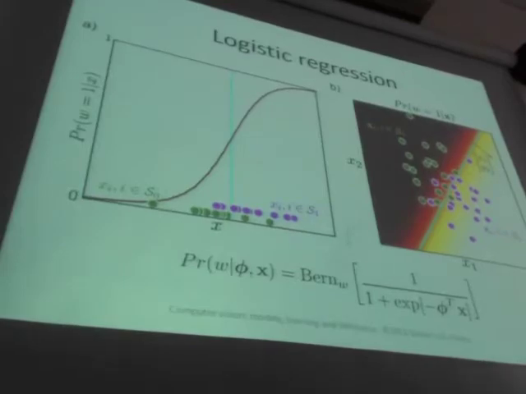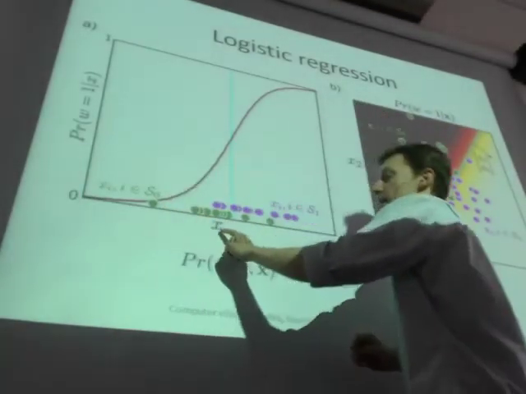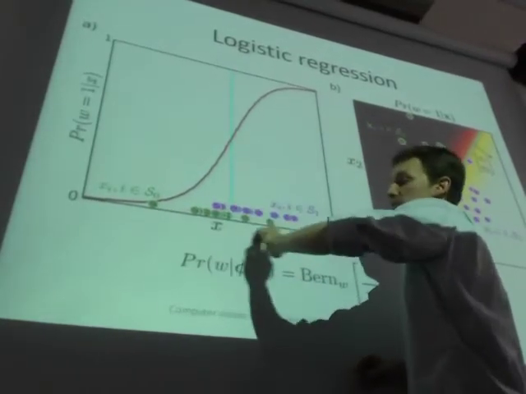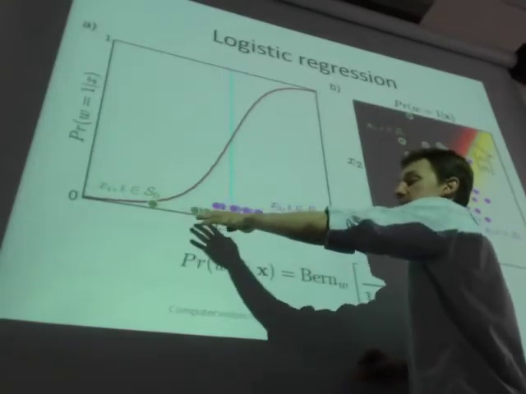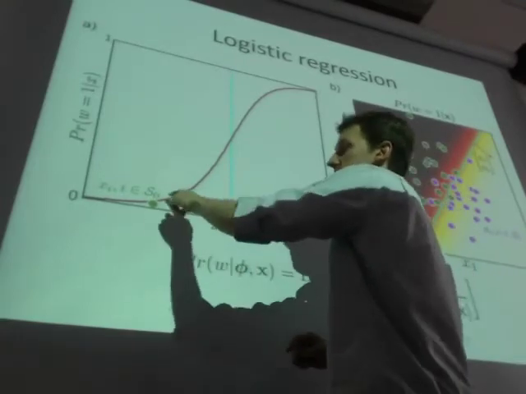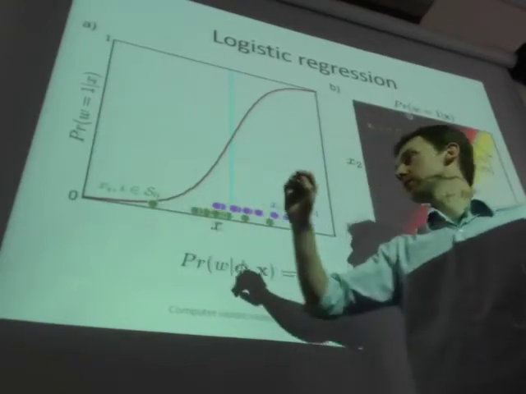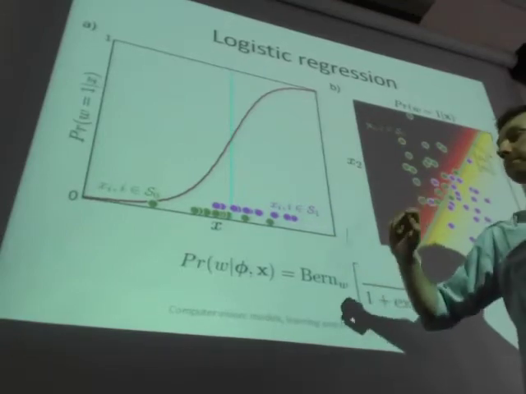If I have a bunch of data points, and this is a way to read this graph, I have an x-axis, I have a univariate input, one-dimensional, and each of these dots is a training example. So the green ones are training examples where the world was in state 0. The magenta ones are the ones where the world was in state 1.